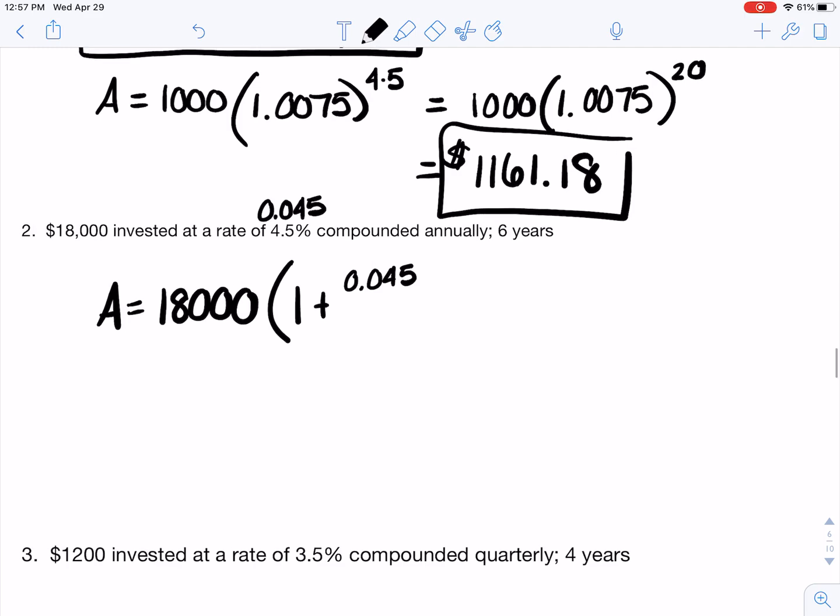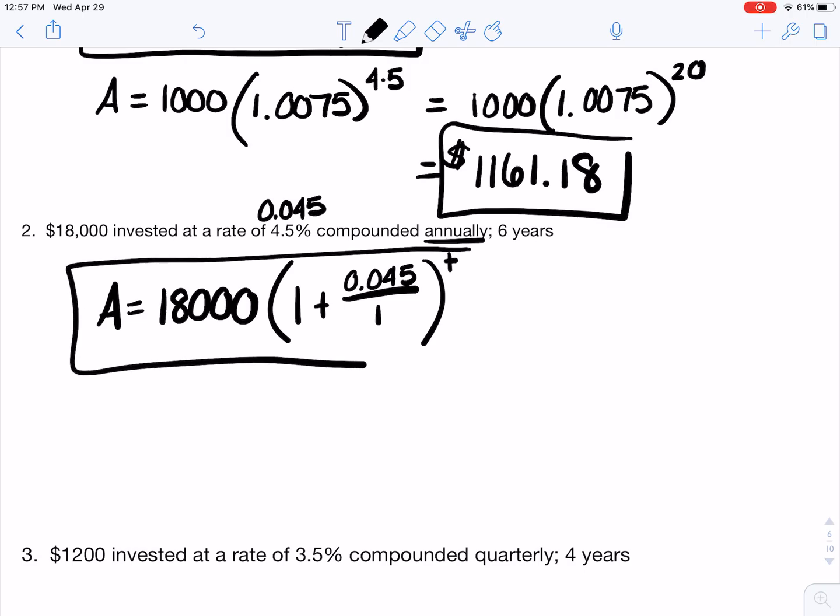So don't round inside the problem, because you're only allowed to round one time, and that's at the end of the problem. Now, compounded annually is just one time, and then I would just have 1 times t, which is t. So there is my function. Now I'm going to plug in the 6 years in order to solve.